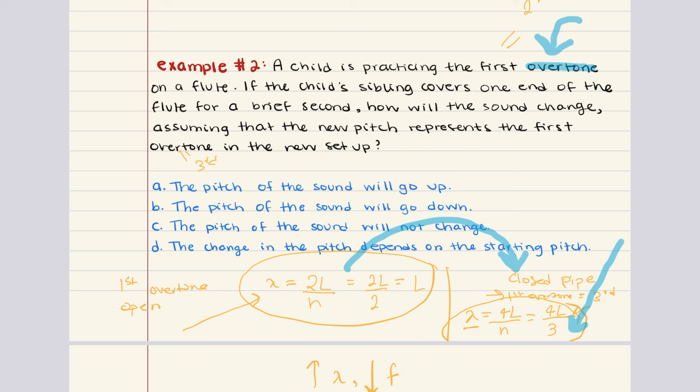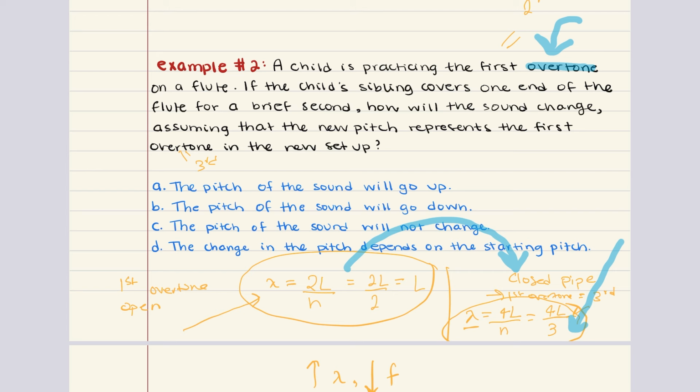And we want to know this relationship because frequency is directly related to pitch. And our question is, how will the sound change, assuming that the new pitch represents the first overtone in the new setup? If we know that going from the first overtone in an open pipe to the first overtone in a closed pipe results in an increase in wavelength, and that results in a decrease in frequency, now we can make a statement about the pitch.